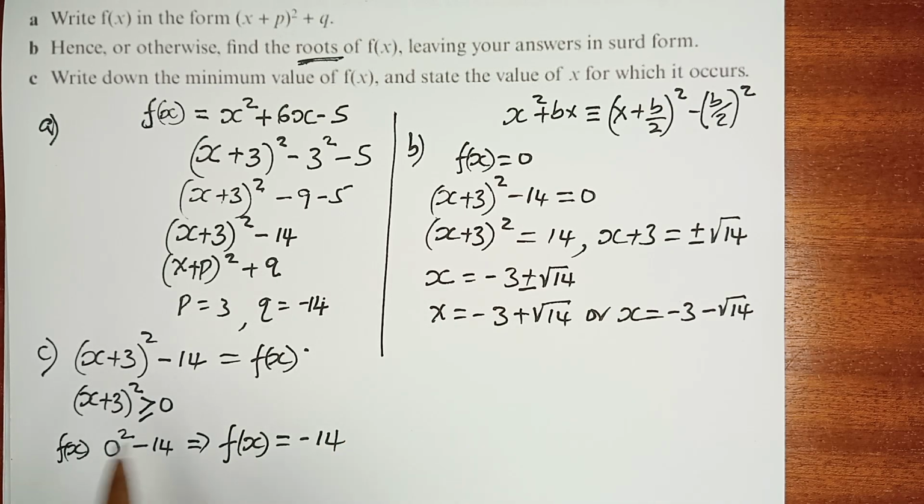And when it is 0, it is x plus 3 which is actually 0. And if this is the case, then x is equals to negative 3. So the minimum value of the function is negative 14. And for that to happen, x has to be equals to negative 3, such that negative 3 plus 3 is 0, 0 squared is 0. And that is the end of that question.